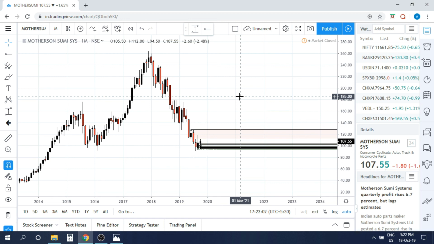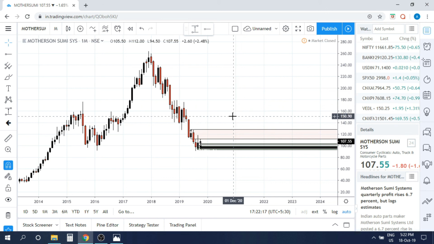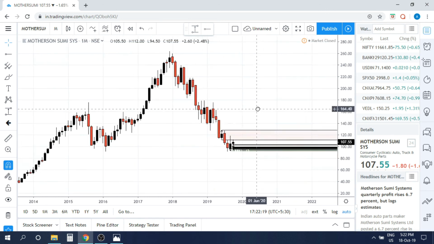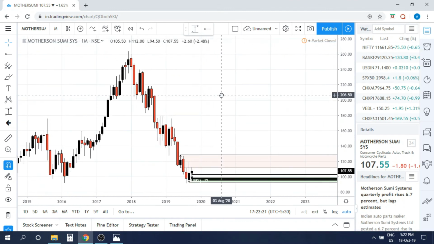And you yourself will be able to come up with your own rules of how confirmation comes and where to initiate longs, where to initiate shorts. And on the way, I'm going to teach you my methods as well, but that's not the only method.